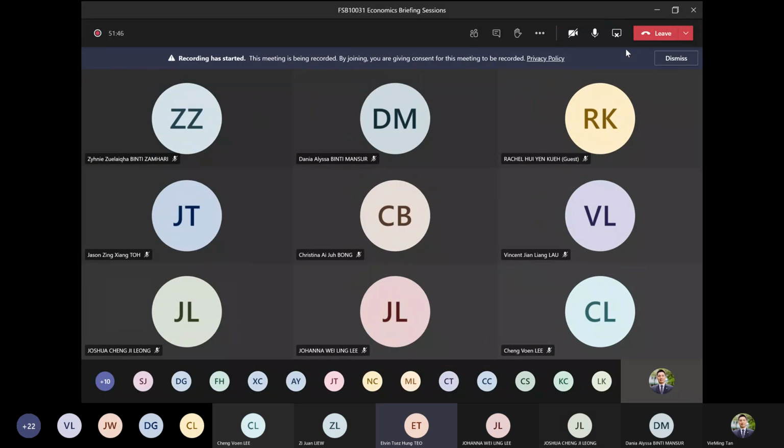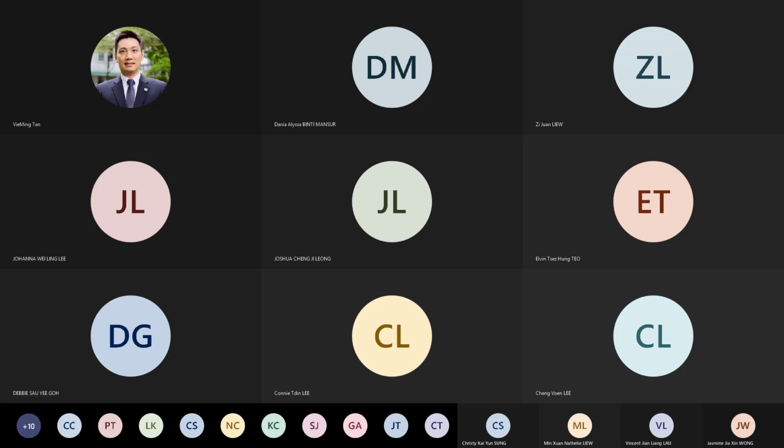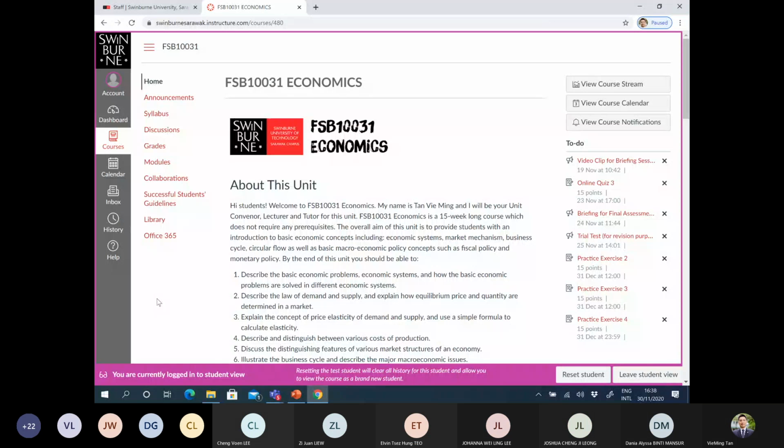No? I think no. Okay, let me try to check again. How about this? Can you see the economics Canvas site now? Yes, teacher. Okay, good. Thank you for responding, because my laptop, I think, has some problem. I need to send it for repair after using this laptop for 1 year for having online classes in the past few months.